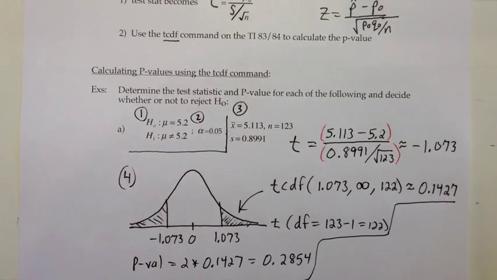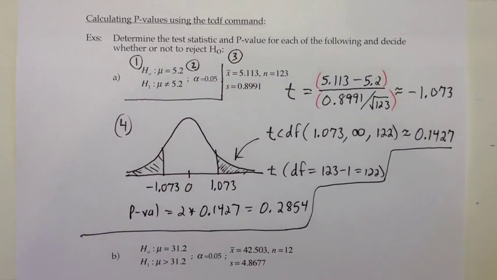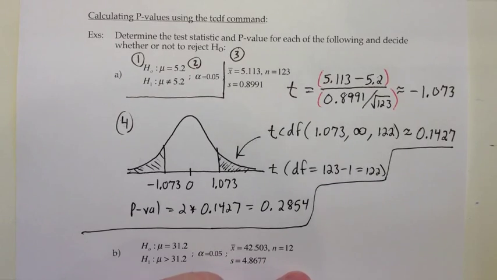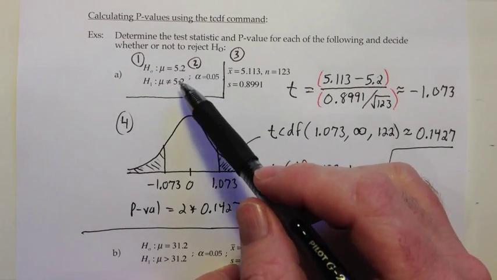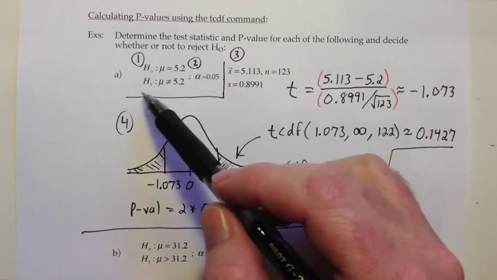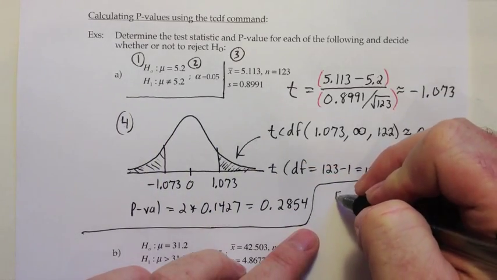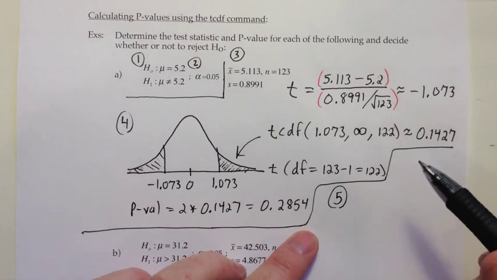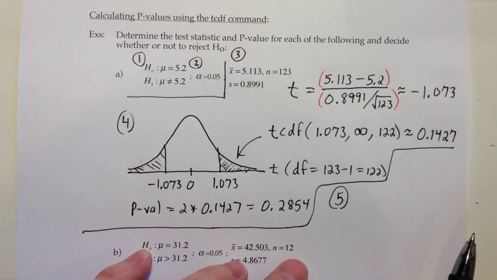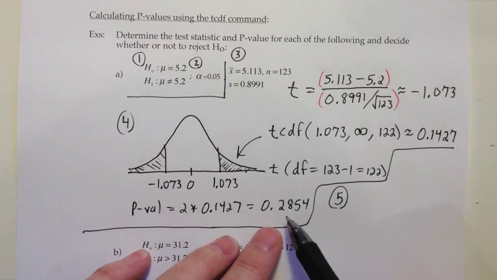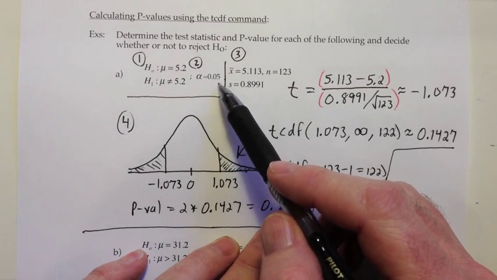And we want to decide, should we reject or not reject H0 based on this evidence. And in some sense we always want to reject H0 because we're kind of trying to prove H1, so in some sense we'd like that one to win. So we want to reject H0, but before we do that we always weigh the risk. What's the risk I'd be making a type 1 error if I did reject H0? And in this case that comes up as 28.54%, and I'm only willing to take a 5% risk.